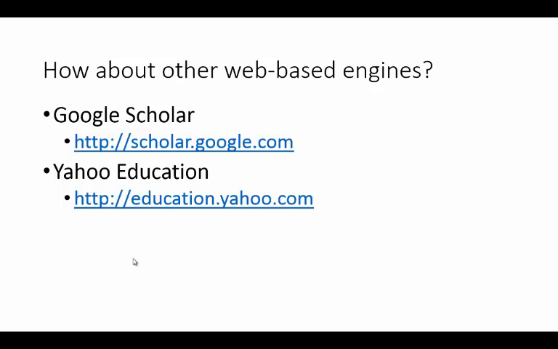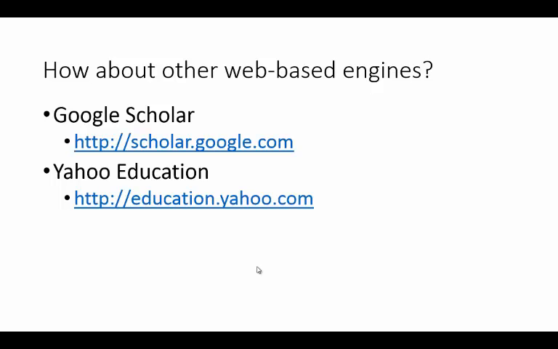There are other sources like Google Scholar, the Yahoo Education sources, and these are good search engines for general topics. They have some good information, but they are not really specific to medicine, and they're not specific to physical therapy.